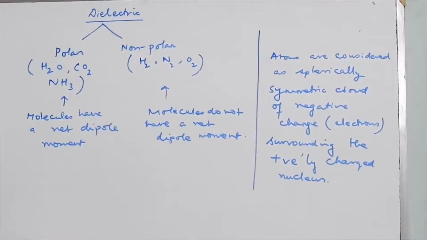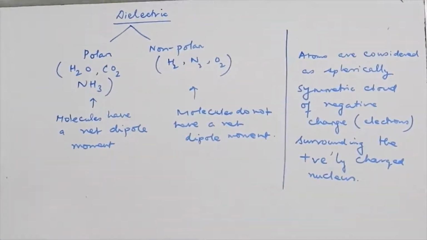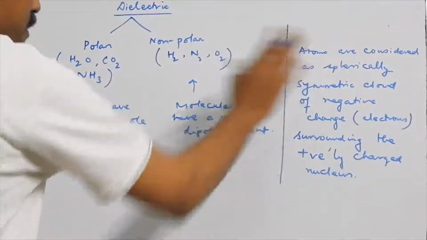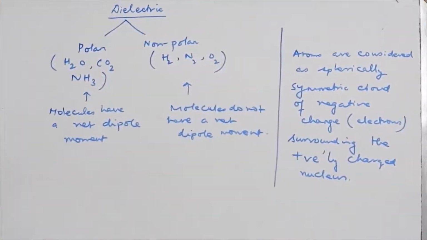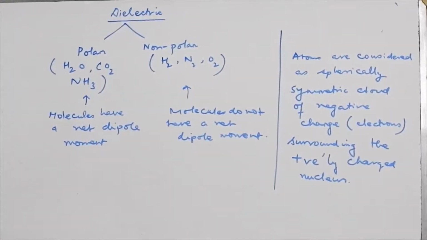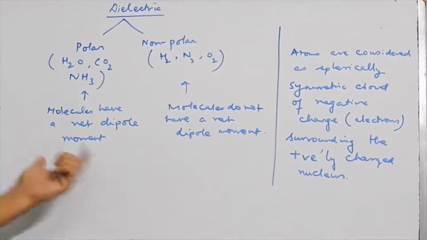What happens in the case of polar dielectric is that the center of distribution of the positive charge and the negative charge, the negative charge meaning the symmetric cloud of charge, do not coincide, and so they have a net dipole moment.